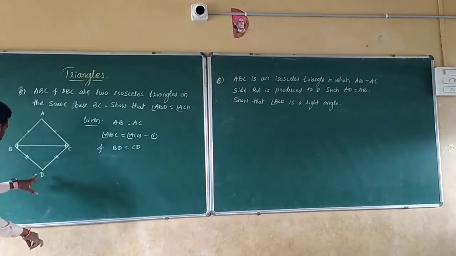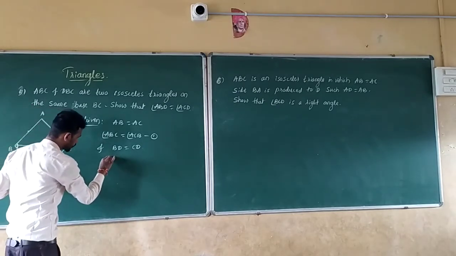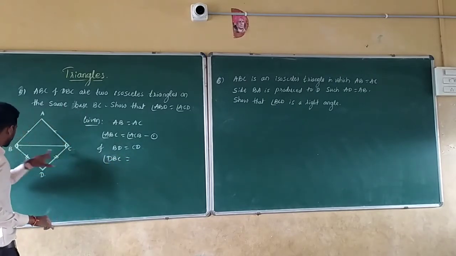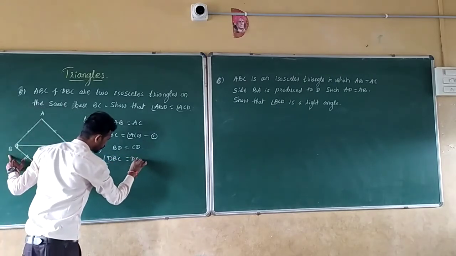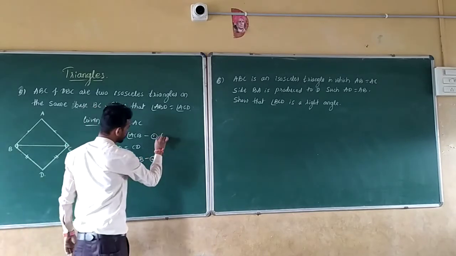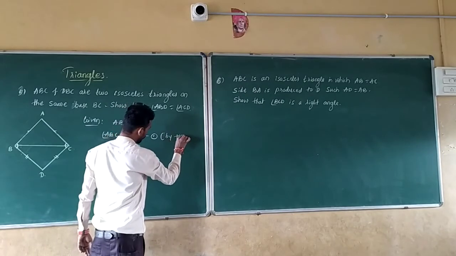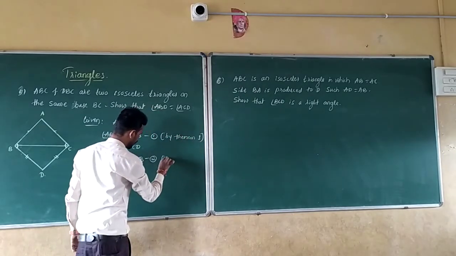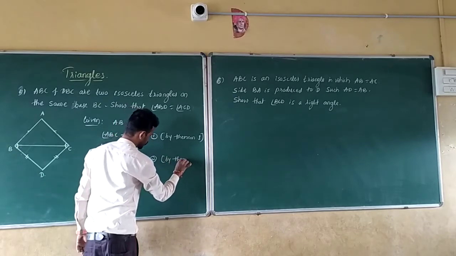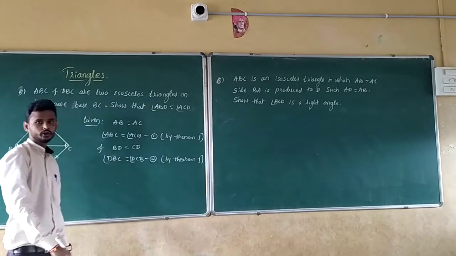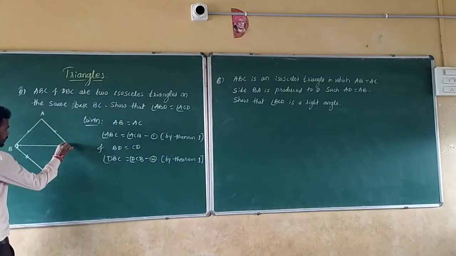So write those: angle DBC is equal to angle DCB. Let us take this as equation 2. So these are by theorem 1.